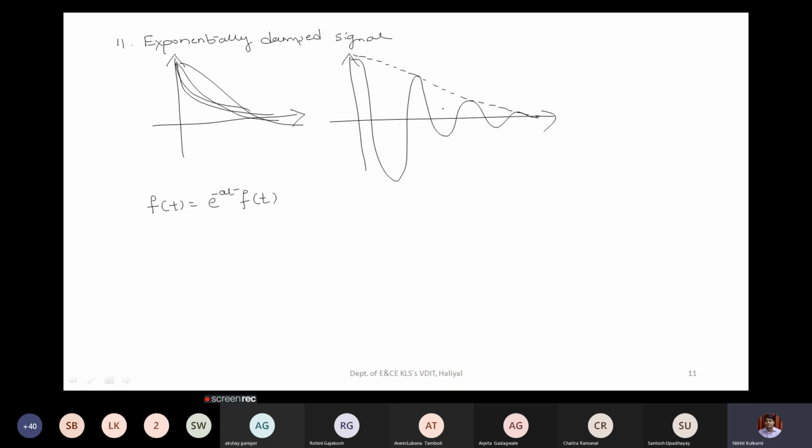If it is a single function like this, then we could have written simply e to the power minus at. But it has some associated functions within that, right? So we don't know which function it is. So we can write this as e to the power minus at into f of t.